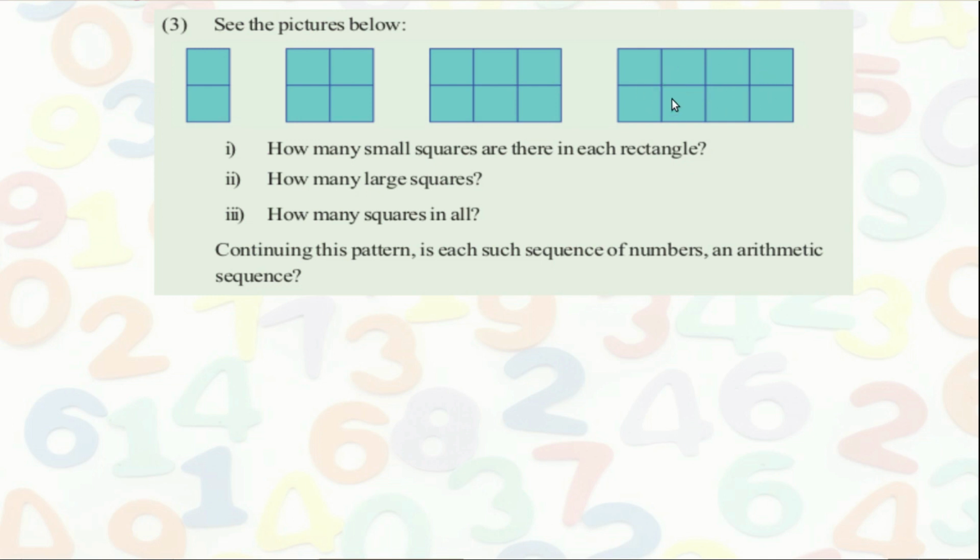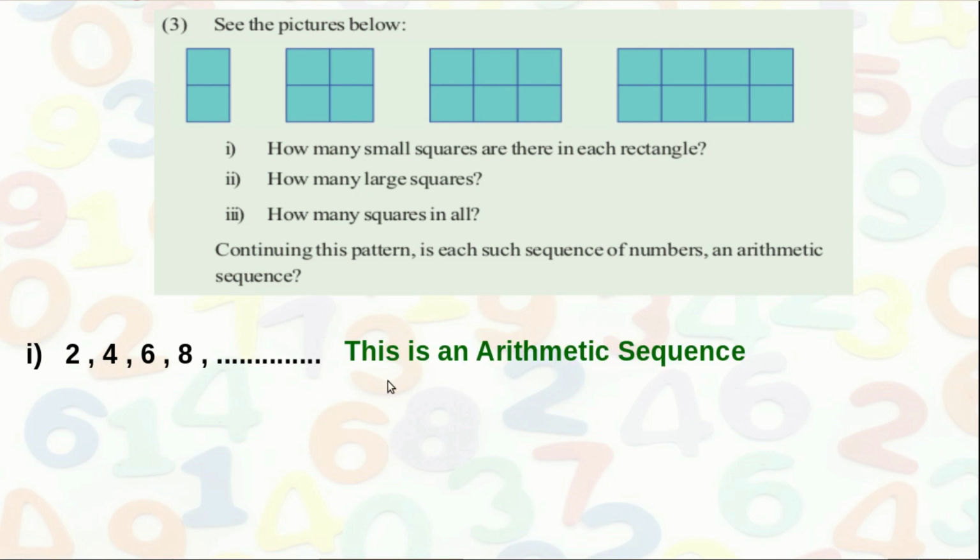So you can write the number of small squares as a sequence: 2, 4, 6, 8, etc. Is it an arithmetic sequence? It is an arithmetic sequence with common difference 2, because 2 is the number added repeatedly.